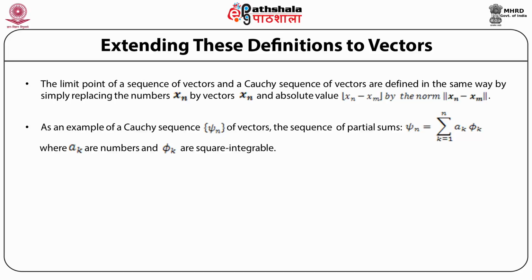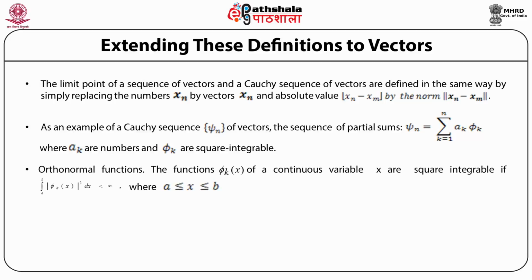Then the sequence of partial sums can be defined as psi n equals the summation over k going from 1 to n of ak phi k, where ak are numbers and phi k are square integrable orthonormal functions.